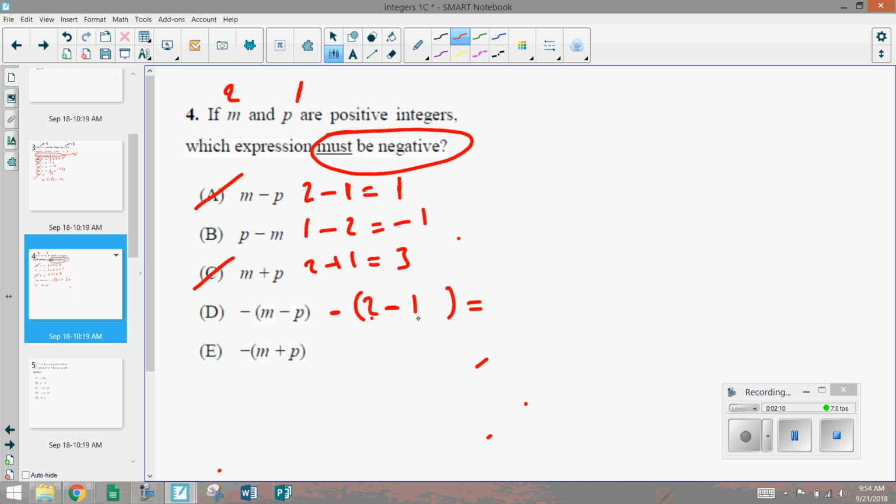That makes 2 minus 1 is equal to 1. Negative 1 stays. Negative M plus P, 2 plus 1 is equal to 3. Negative 3. We have 3 choices, but it's saying that all musts. Always.